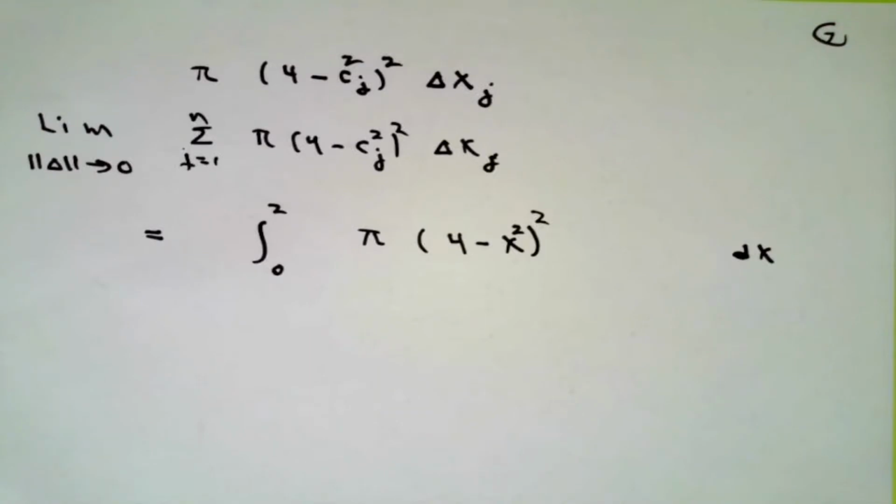Limit of sum becomes integral. Delta x number j becomes dx. Everything else, stop writing cj, write the name of the independent variable instead, and we stated at the beginning that we were looking at x's that went from 0 to 2, so those are our limits of integration.